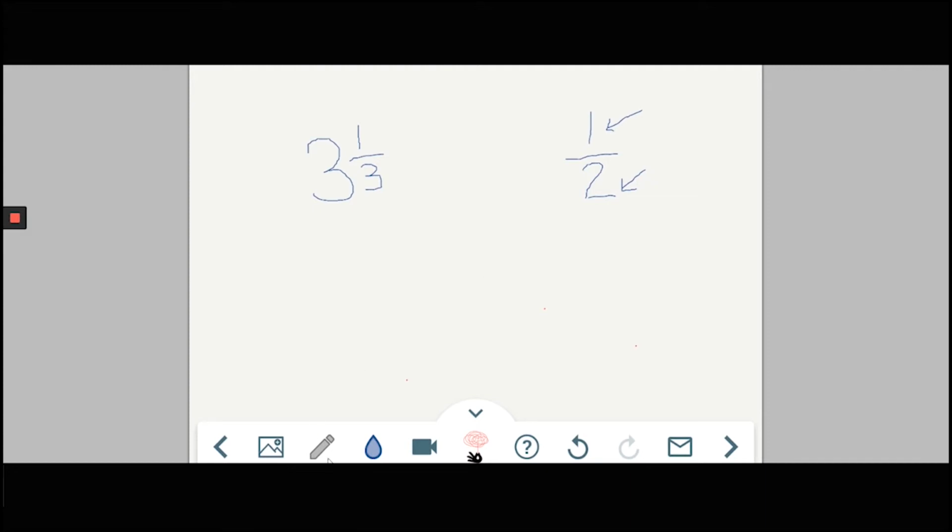So when we have a fraction with our numerator being smaller and our denominator being larger, this is what we call a proper fraction. Okay?